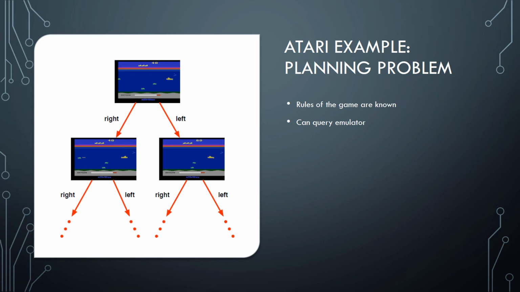So if I move the joystick right, we end up on the right, and if we move the joystick left, we end up on the left. Here we have a tree search. We can look ahead, search, and plan our next steps. We can plan steps ahead and have an estimate that if we make such steps, we can get a certain amount of positive reward, and we can plan accordingly.